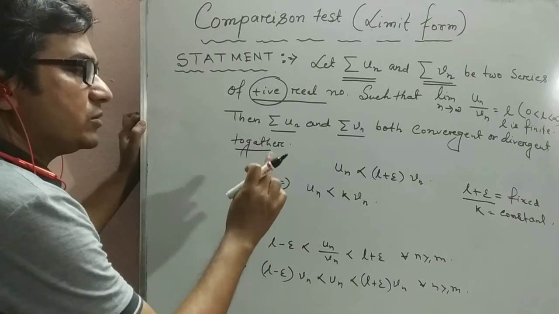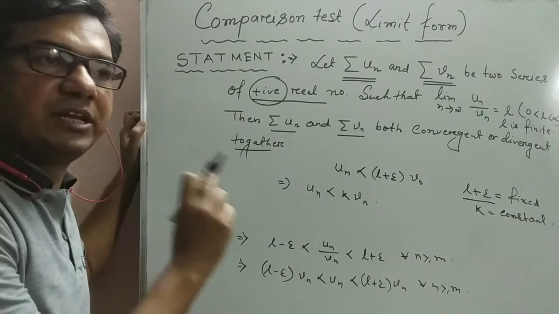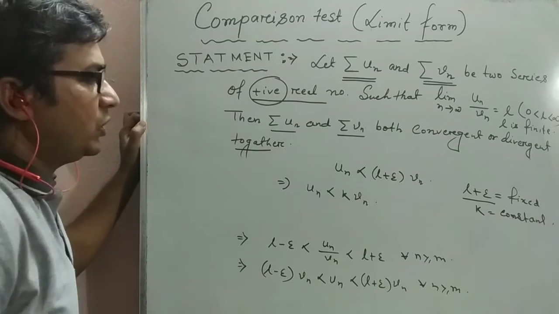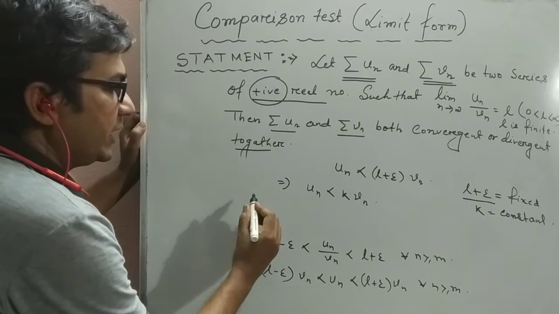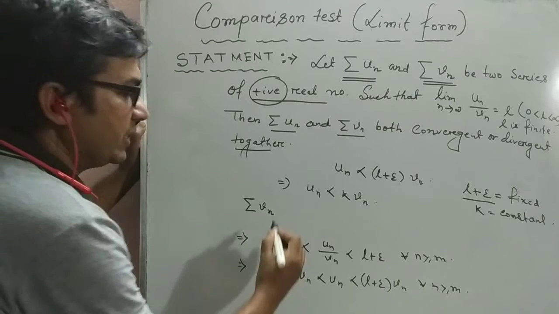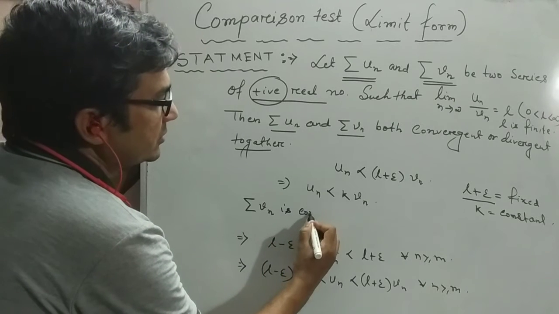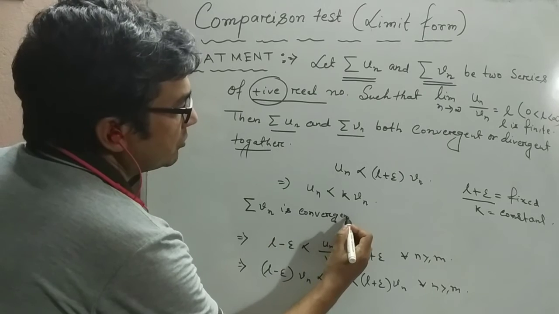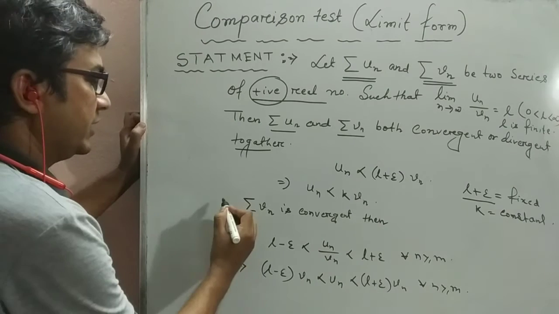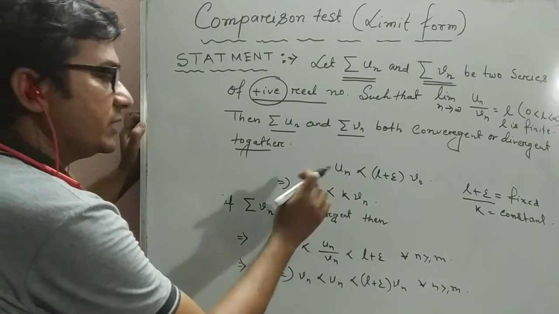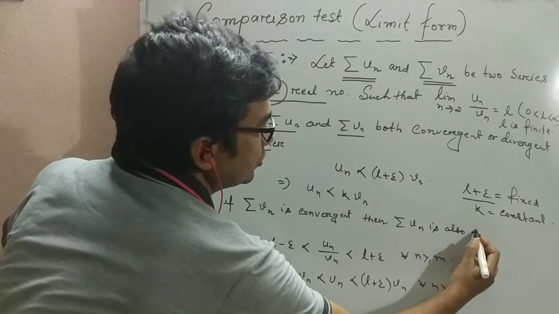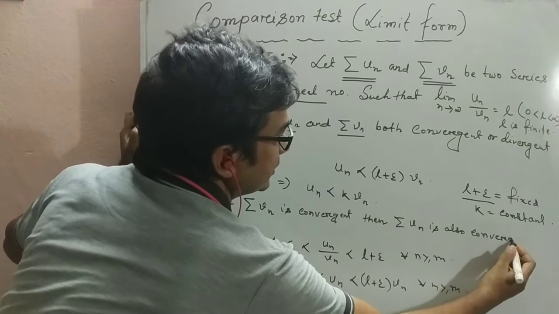Now from the comparison test in general form, which was discussed in previous classes, we know that if summation vn is convergent, then summation un is also convergent.